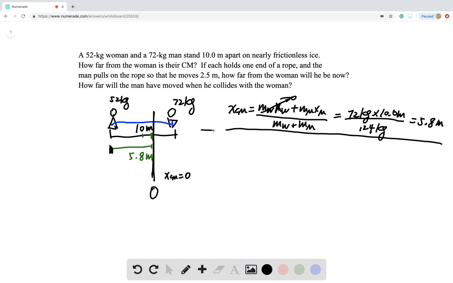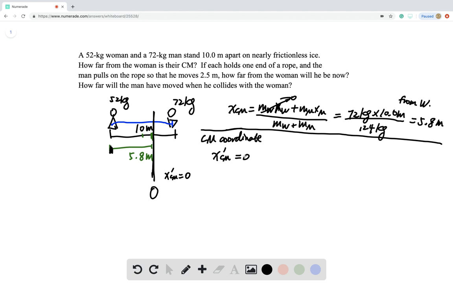Previously this was 5.8 meters from the woman, but now I'm taking the center of mass coordinate. I just call it prime to indicate that it's a different coordinate. Because x center of mass has to be 0, that is our origin.